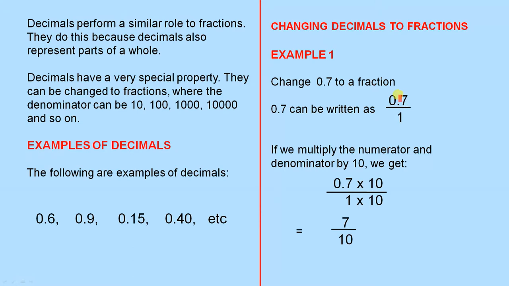So all we've done is multiply that by 10 and that by 10. 0.7 times 10 gives us 7. 1 times 10 gives us 10. So 0.7 is the same as 7 over 10.